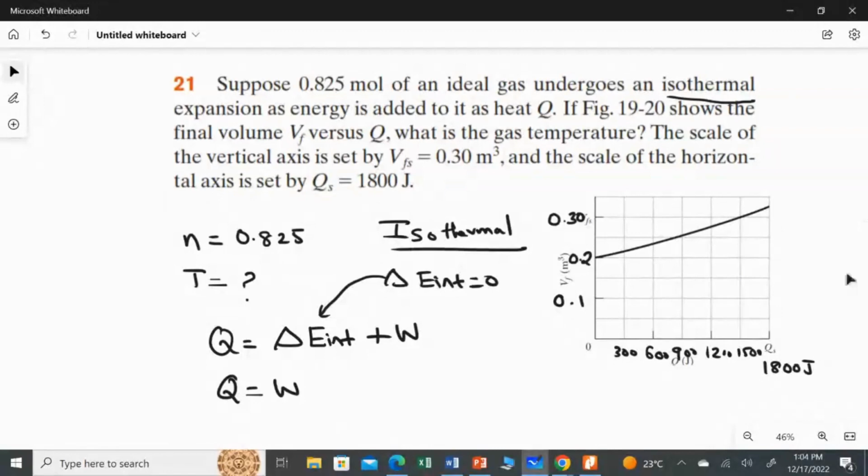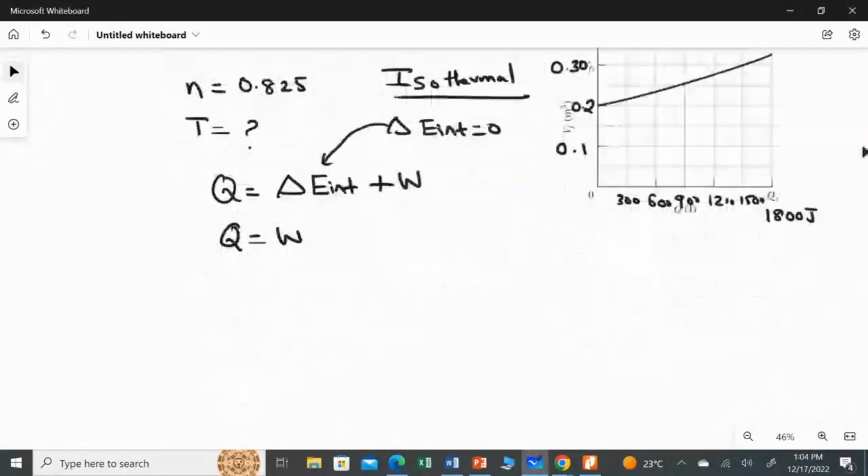Okay. Now we are going to find the value of the temperature. For that, I have to use the formula for W. Why? Because we don't have any formula for the heat energy in the isothermal condition, but we have the rule for work. The work done for the isothermal condition is given by nRT natural log of V final over V initial. Here the condition is Q exactly equal to W, so I can take the formula for Q as Q equal to nRT natural log of Vf over V initial.